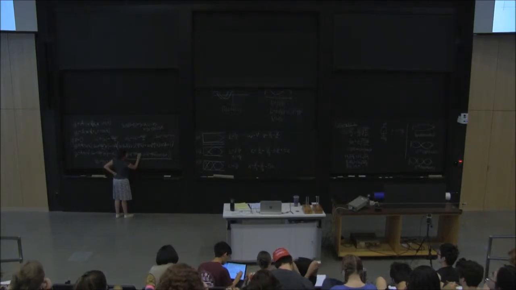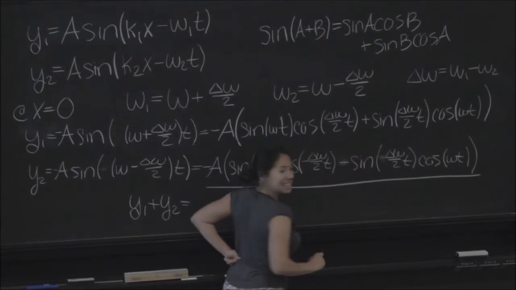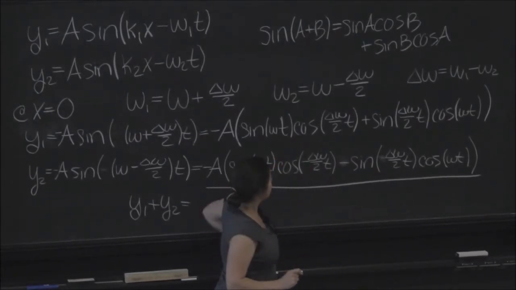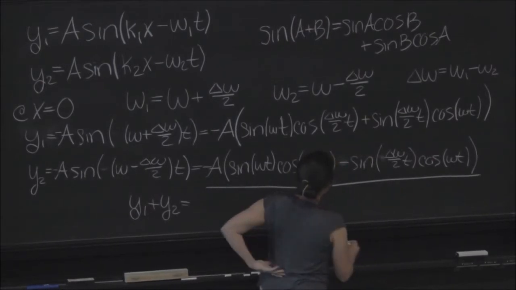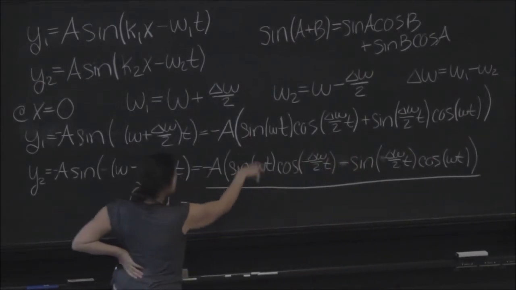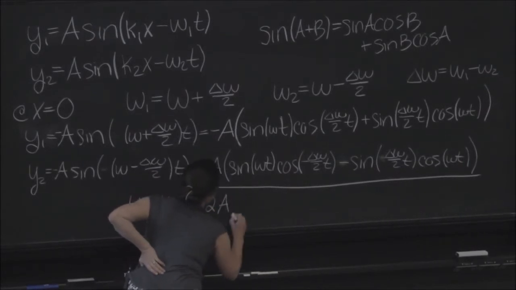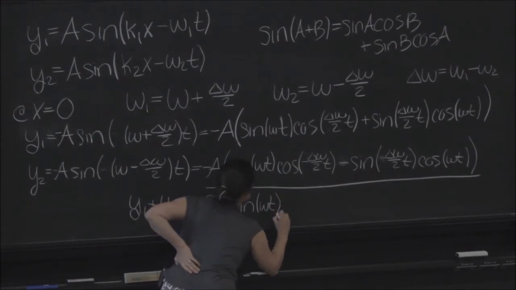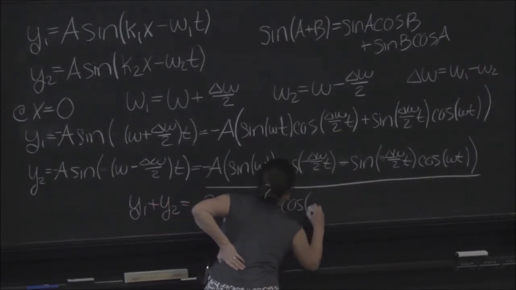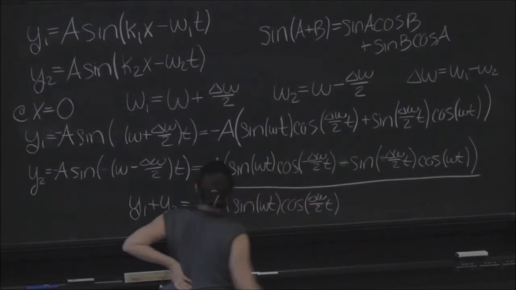So, can I pull this outside? Now if I add these, you see that these two terms are equal and opposite, so they're going to go to 0. These two terms are identical, so we're going to get minus 2a sine omega t cosine delta omega over 2t. And that term went away.